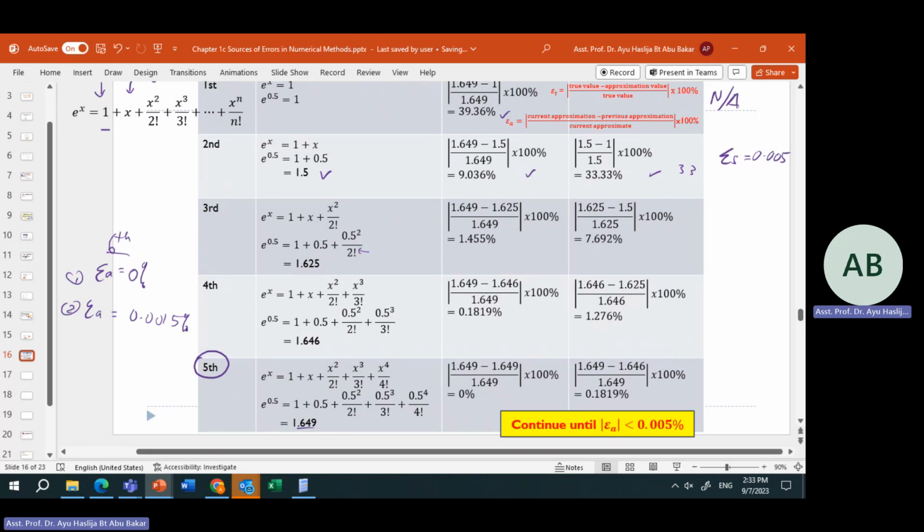Okay, so as long as you can prove in your iteration that the EA is lesser than the ES, then you can stop your iteration. ET at the 5th iteration, you already get 0%, right? The EA is because it compares the previous and the current value.